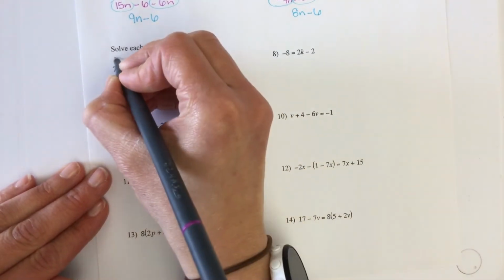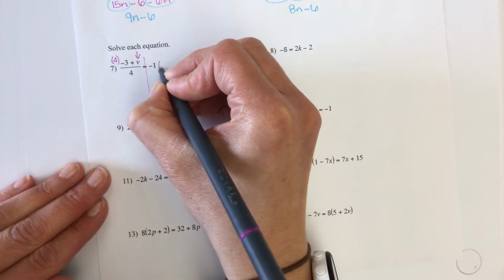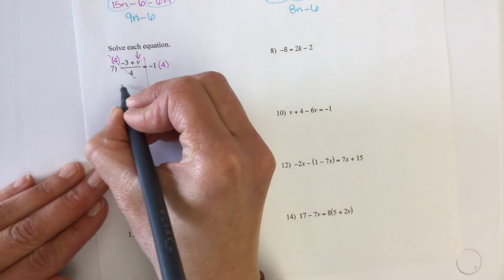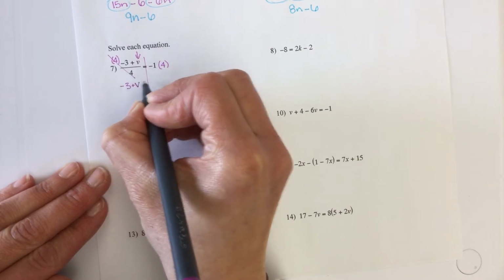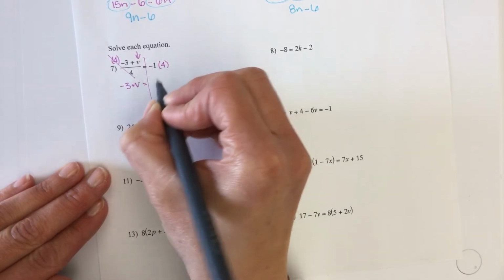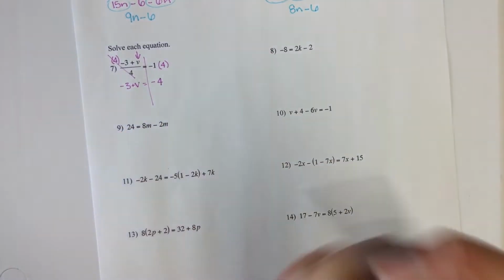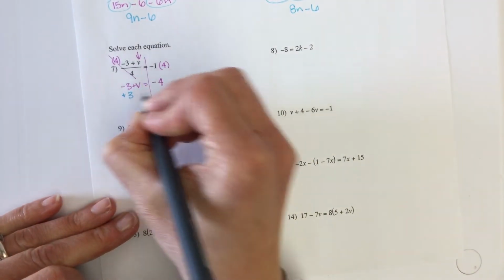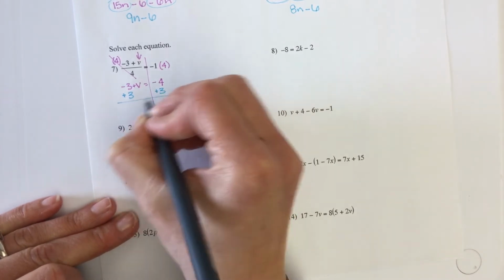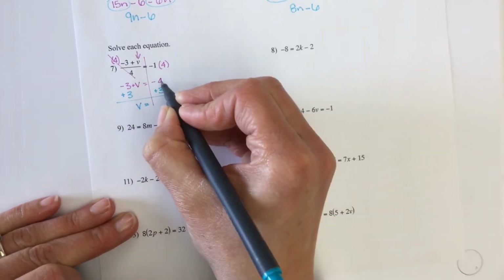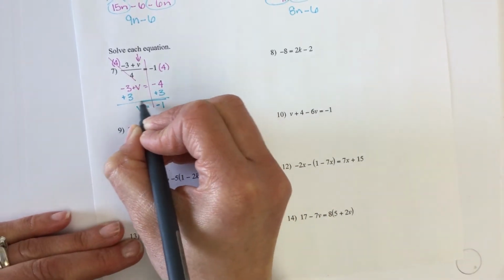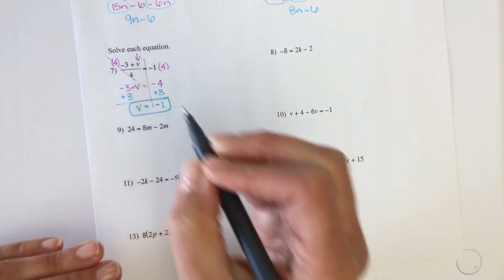It's being divided, so I'm going to multiply both sides by 4. This causes us to cancel. You have -3 plus v equals -1 times 4 is a -4. Then my next step is to add the 3 to the other side. We get v equals a -4 plus 3 is a -1. And that's your answer.